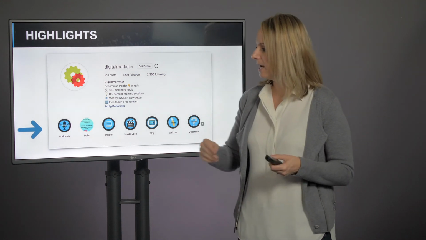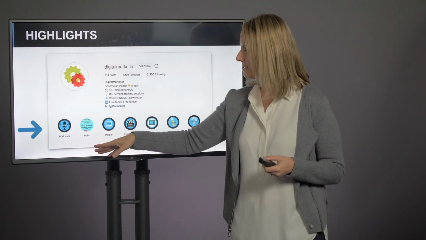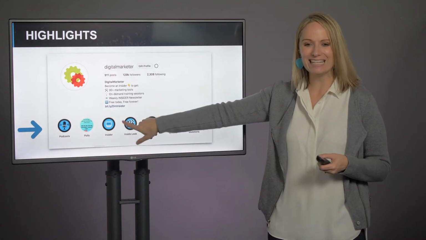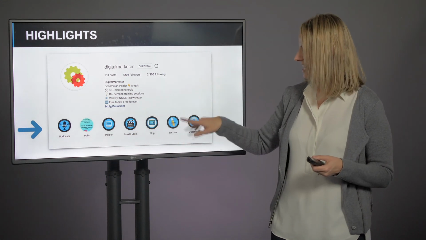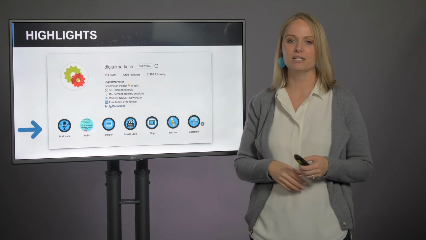You want to focus on core content pieces, giving people a behind-the-scenes inside look, even quizzes, questions, anything to engage, anything that you want people who are first visiting your profile to check out and learn about you. Kind of tell your brand story with your highlights.